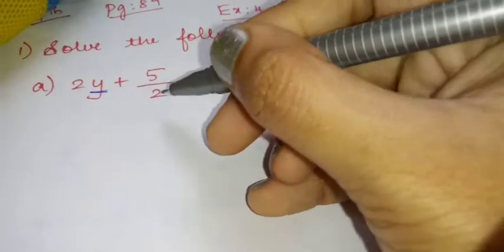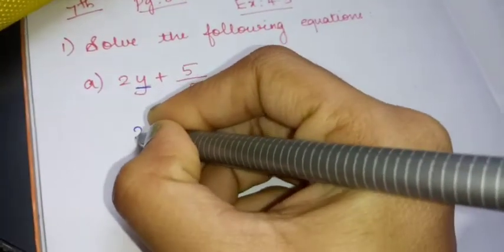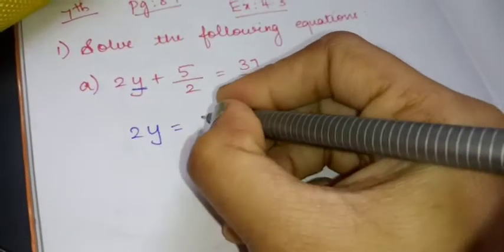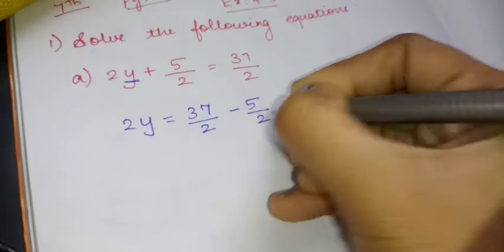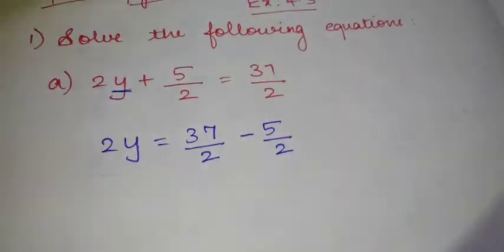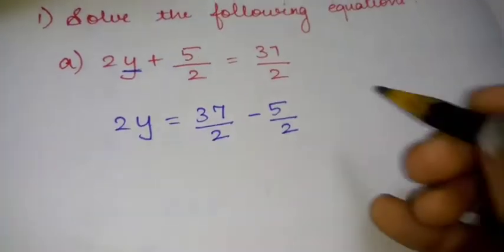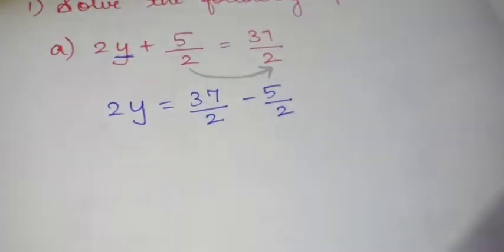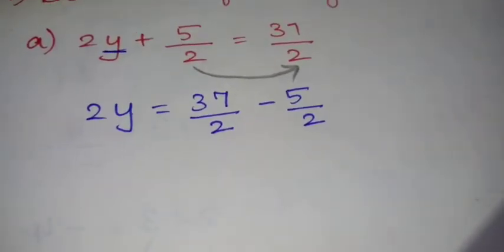So first you can shift this 5/2 to the other side. 2y is equal to 37/2 minus 5/2. I am bringing this 5/2 to the other side because I want only y. So plus 5/2 will become minus 5/2.